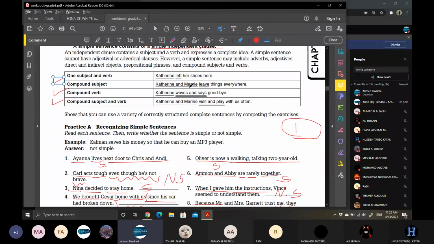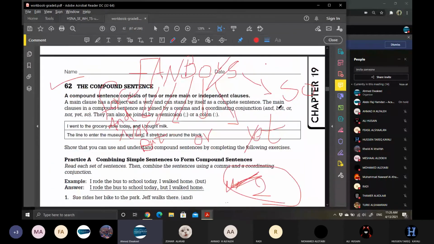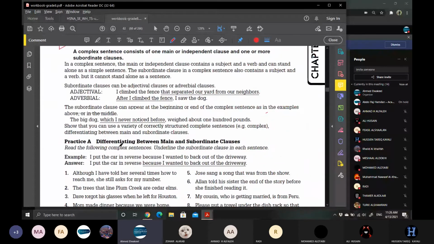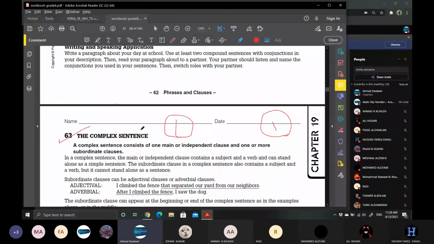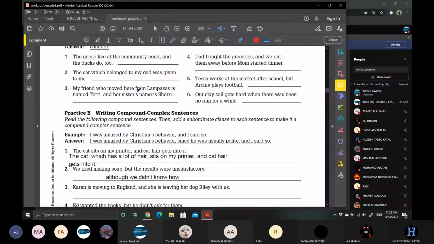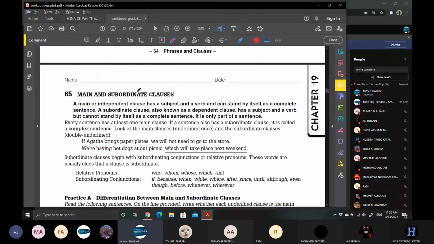So that's okay in a simple sentence. But once you have 2 independent clauses, that's a compound sentence. 1 independent and 1 dependent, that's complex. 2 independent and 1 dependent, that's compound complex. And the main and subordinate clauses are the same as independent and dependent.